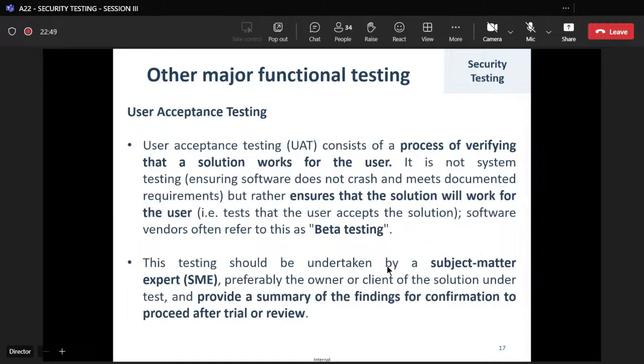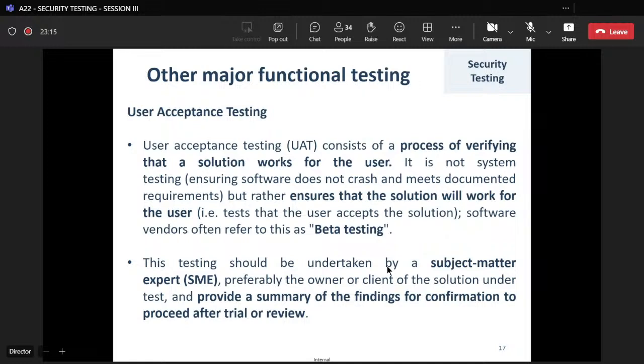Then UAT, user acceptance testing. It's a process of verifying that a given solution, or the developed application program, works as per the user requirement. So it will ensure that the solution is working for the stakeholders. For example, the software vendor, they even call this beta testing.